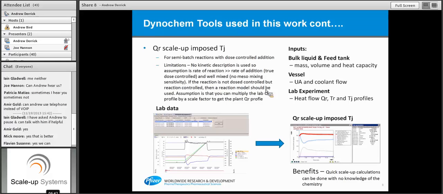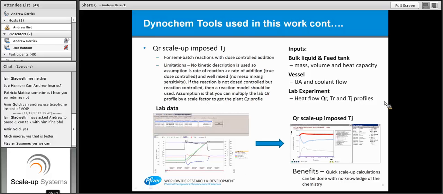There's also no mixing sensitivity built into the model, so we can't have any meso mixing, and it definitely does not include a Bourne model. If the reaction is not dose controlled, then you need to use a reaction model. The assumption here is that you can multiply the lab QR heat flow by a scale factor to get the plant QR profile.